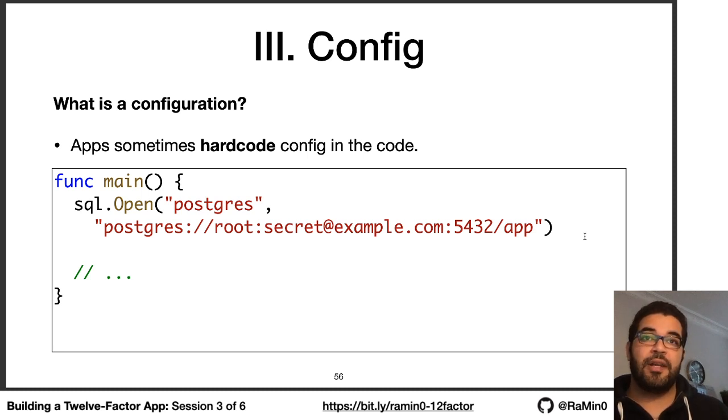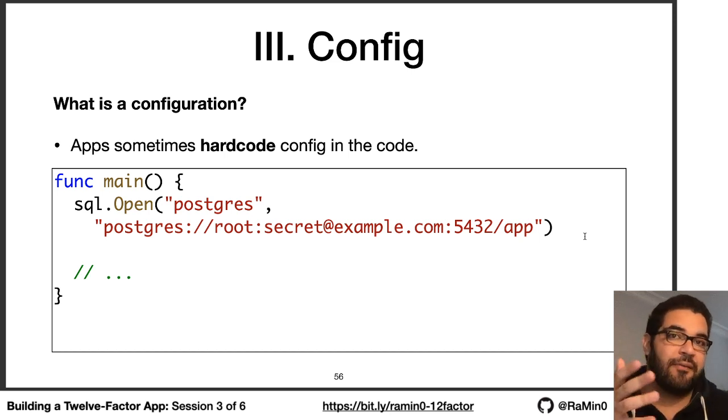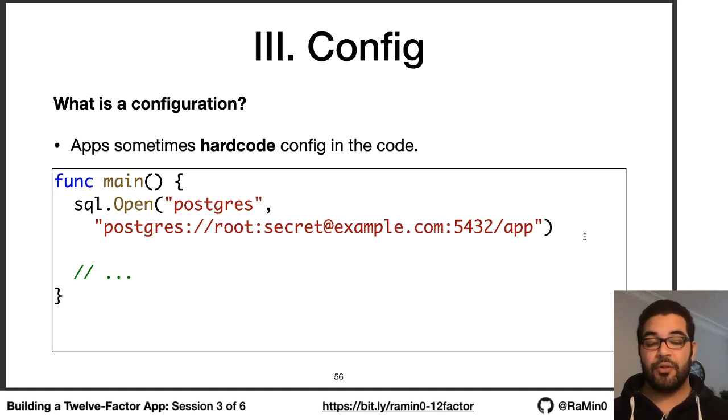So for example, if one lives on a website called example.com, and another on a website called example2.com, you need to change this configuration whenever you're deploying your app in order to accommodate the environment you're deploying the app on. And this will require you to make changes to the code before you deploy, depending on which environment you are targeting.